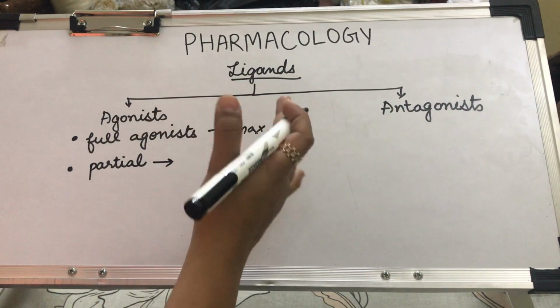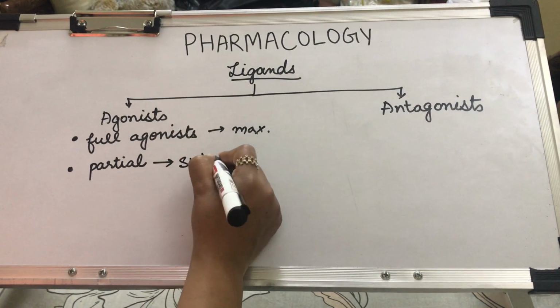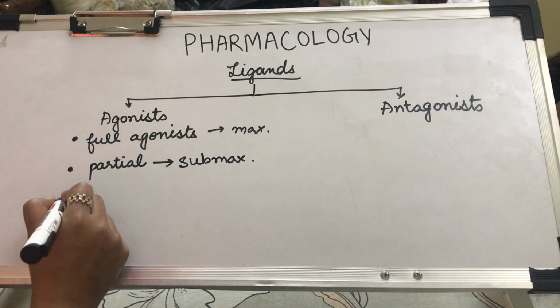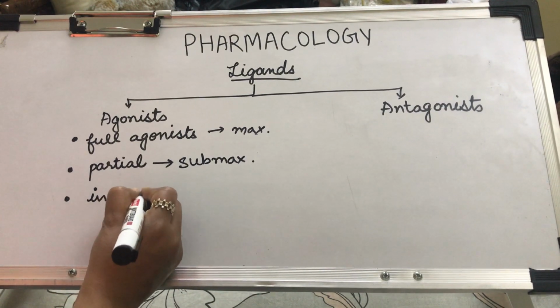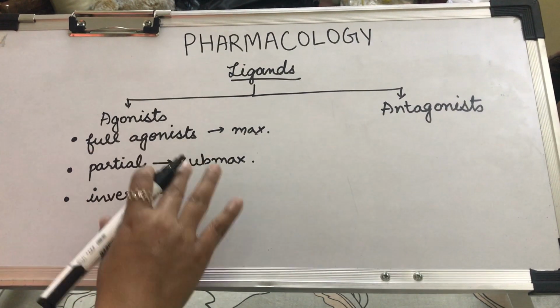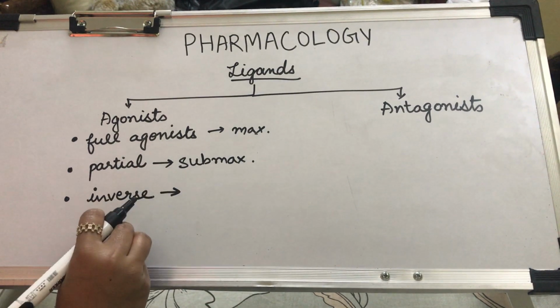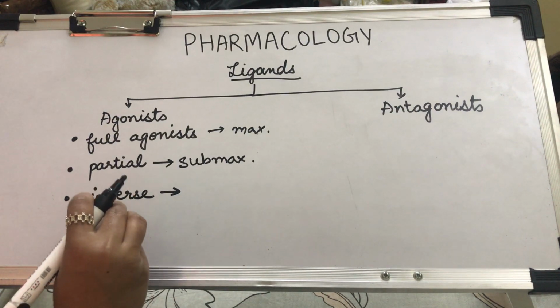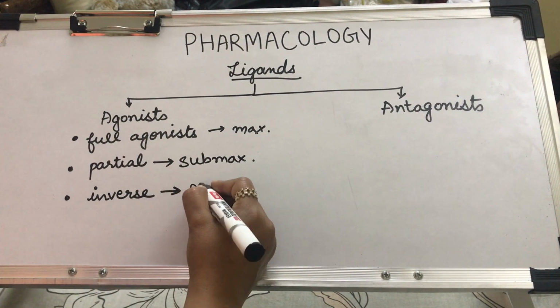Partial agonist means they are going to give a partial, sub-maximal response. And there are inverse agonists. Inverse agonists are the compounds which come and bind to the receptor and give an opposite pharmacological response.